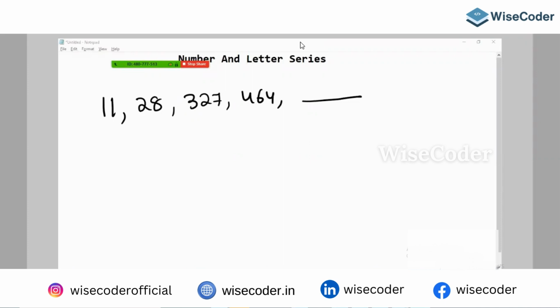Whenever the series is like this, 11 is a prime number. If I multiply with 2, 22, and 327, there is a large difference, so you will not get it with a division kind of thing. If you closely observe, 1, 8, 27, 64: 1 cube is 1, 2 cube is 8, 3 cube is 27, 4 cube is 64.